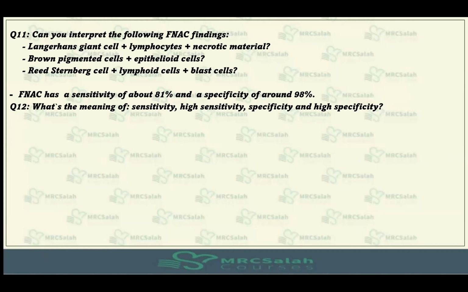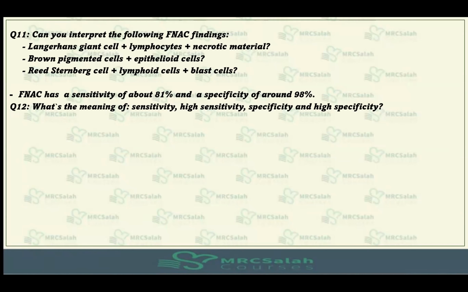Sensitivity is the ability of the test to identify true positives in the general population. It is the ability of the test to identify someone as disease positive, or having the disease. So it's a true positive rate.